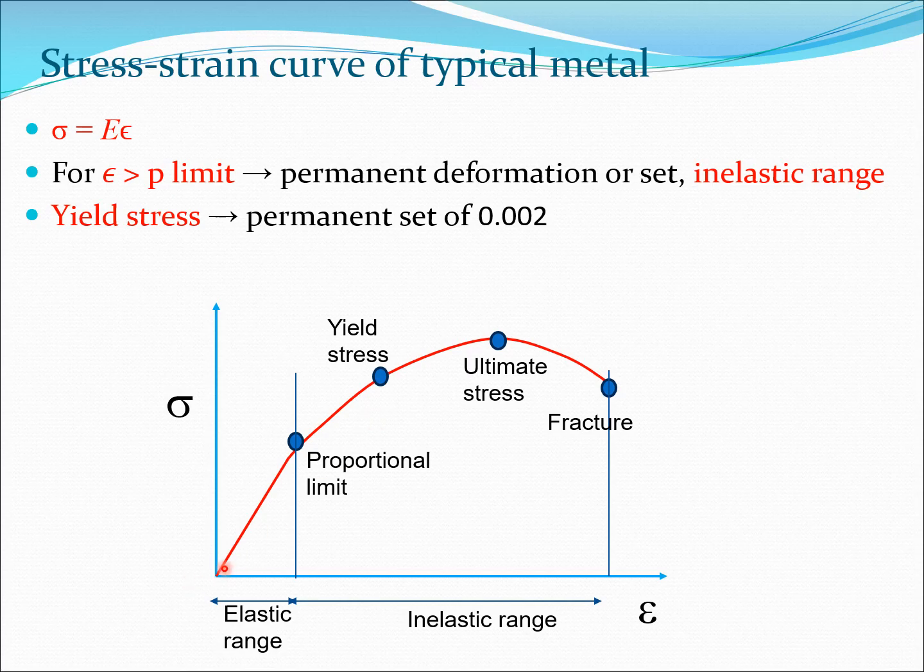So what you want to do is design the structure such that the stresses remain in this particular region. And you can do that by, of course, working with the cross section of the particular material you are dealing with. So you know a certain force is going to act. You can work with the A there so that sigma is F by A is appropriate.